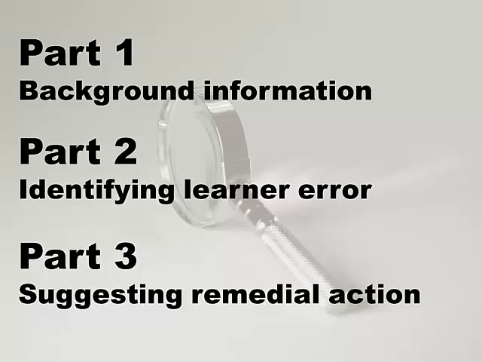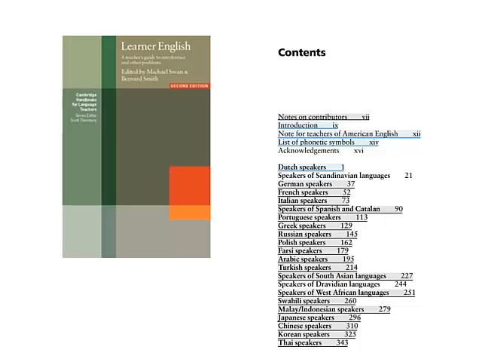So what you're going to need to do for this assignment is to find a learner and to interview them. Now, a book that will be particularly helpful for this is Learner English. It doesn't cover all of the languages of the world, but it does cover a fair few. This book gives an idea of the kind of problems that speakers of these particular languages will have when they're learning English due to L1 interference.